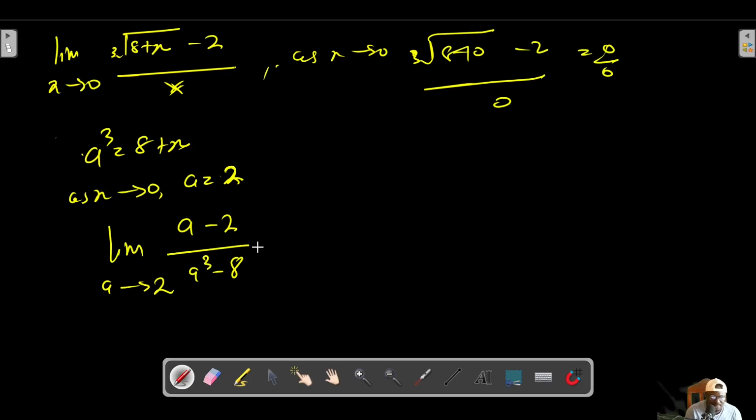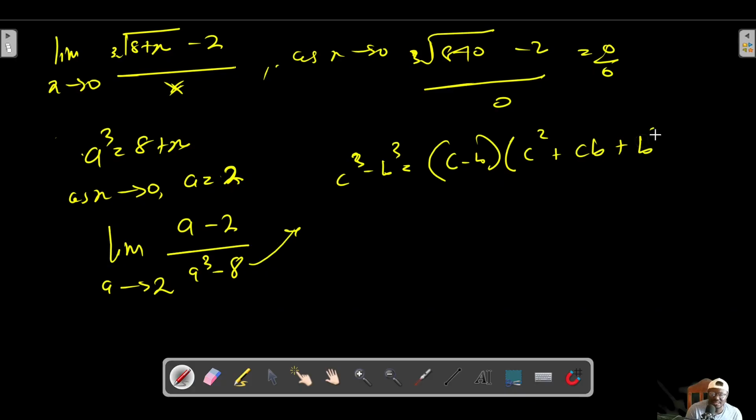So simple. So you realize that for the denominator, we can factorize it because it can be written as a difference of two cubes. And we know x cube minus y cube, I should use a different variable. Let's say you have c cube minus b cube can be written as c minus b in parentheses, c squared plus cb plus b squared.